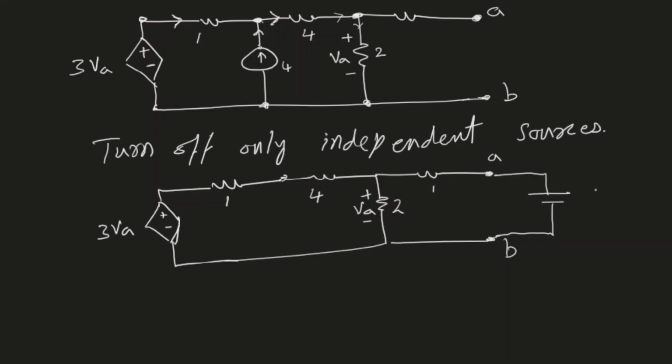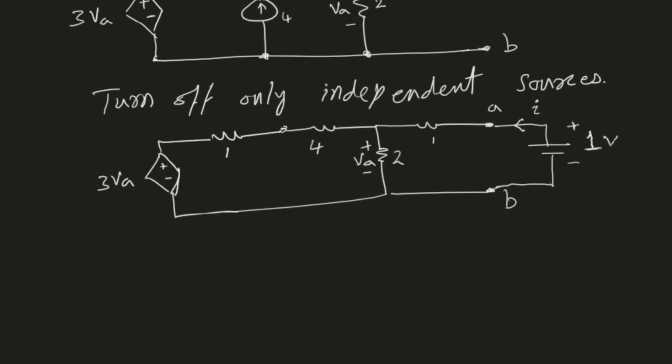We will apply a convenient voltage, and we can choose any value that we like. I will apply 1 volt. And then we will see how much current I is produced.